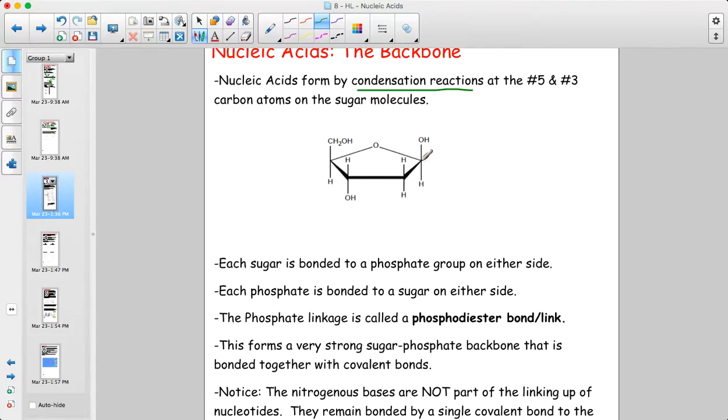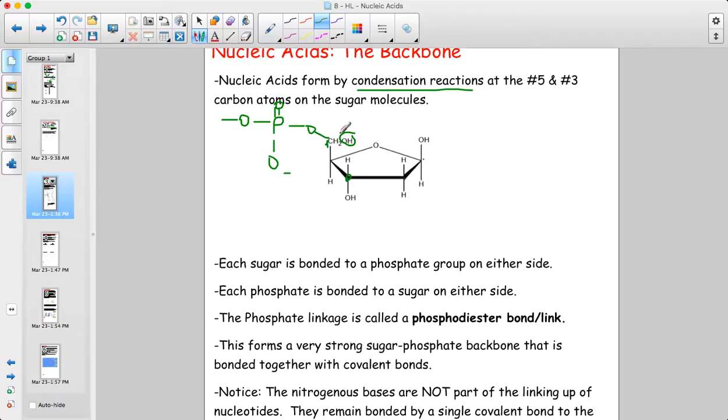So if this is 1, that's 2, this is the 3rd carbon, so that's one of the carbons we're going to be looking at, and 4, 5, this is another one of the carbons we're going to be looking at. What happens is this OH undergoes a condensation reaction with that phosphoric acid, and so on this side, this carbon is going to be bound to an oxygen that's bound to that phosphorus, with the O on one side with the negative charge, the double bonded O, and then this one which leads to the next sugar.